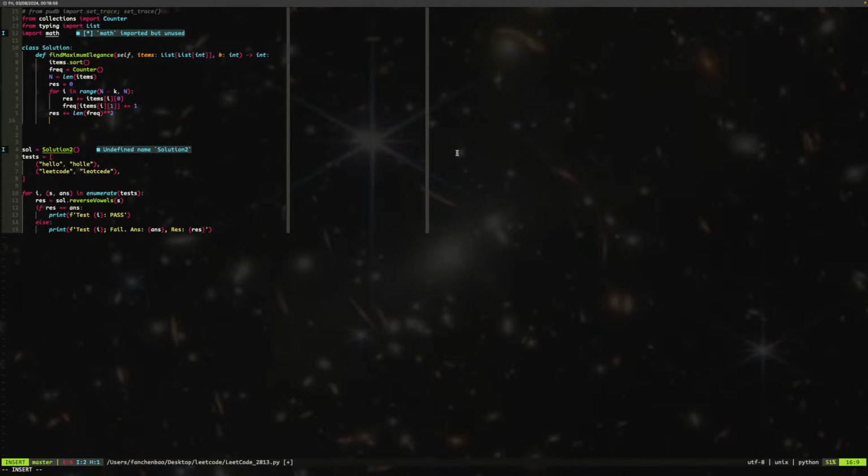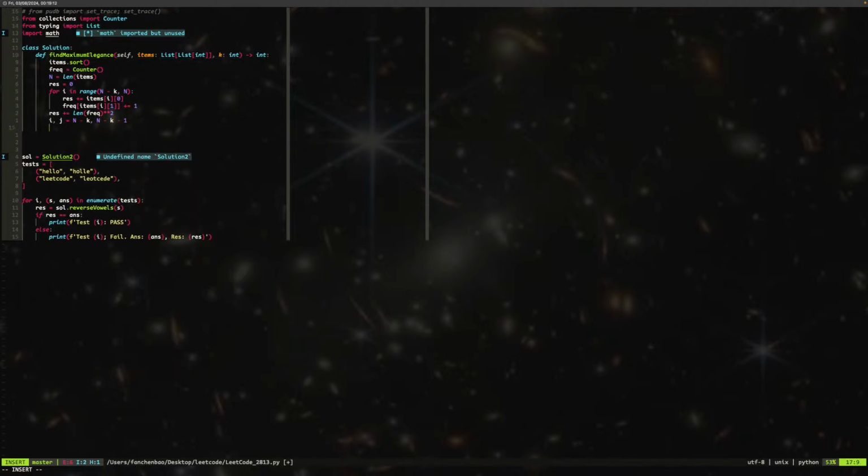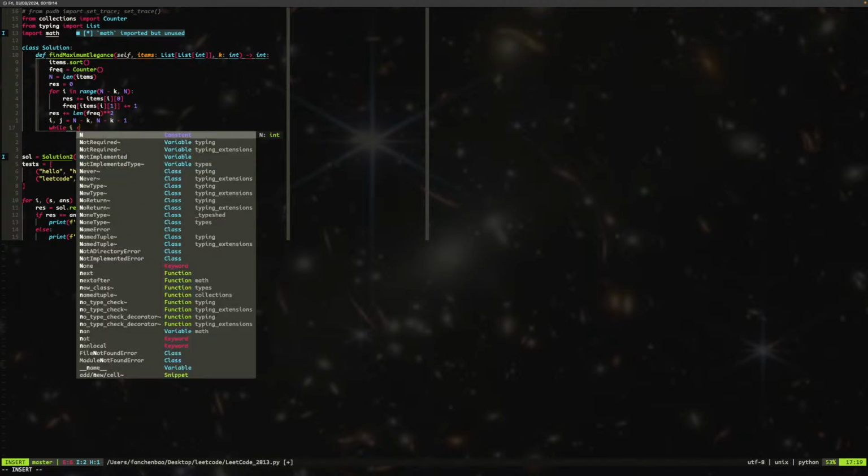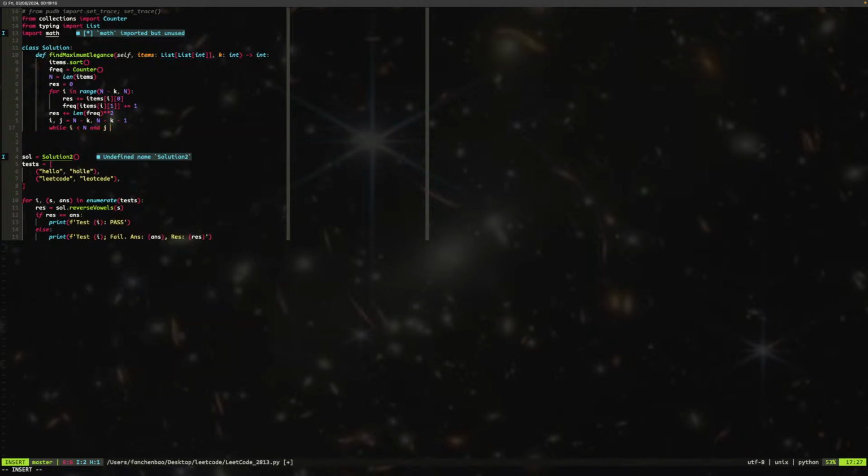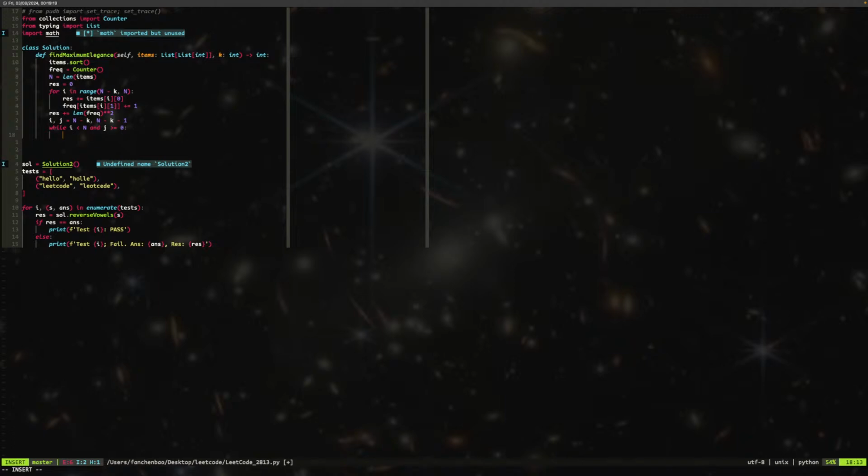And then we're going to go through the whole thing, right? We have 2 pointers now. So we have i and j. i is going to be n minus k, j is n minus k minus 1, right? And I say while i is smaller than n and j is larger or equal to 0, okay?